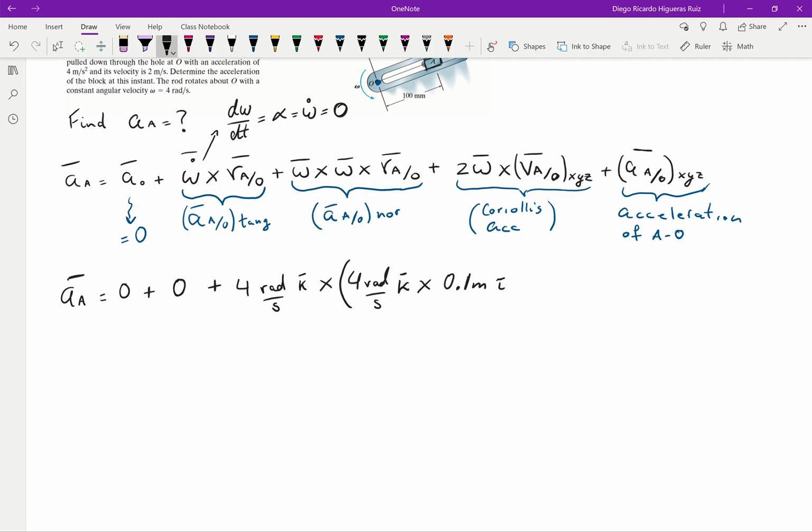We're gonna put our parentheses right here, which means we first need to solve for this term, and then we multiply it by 4 radians per second.